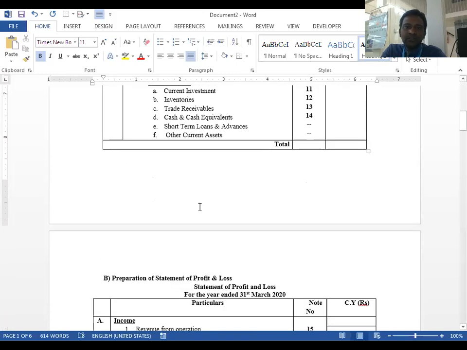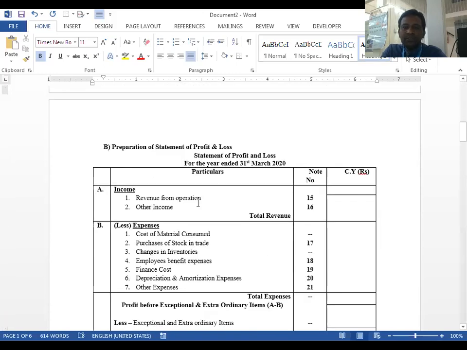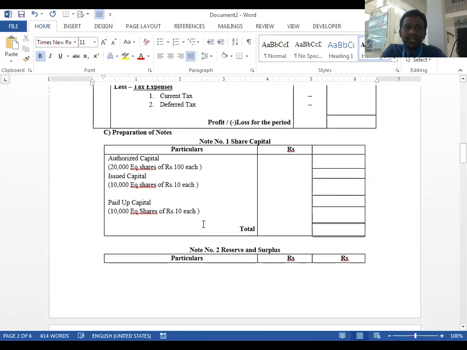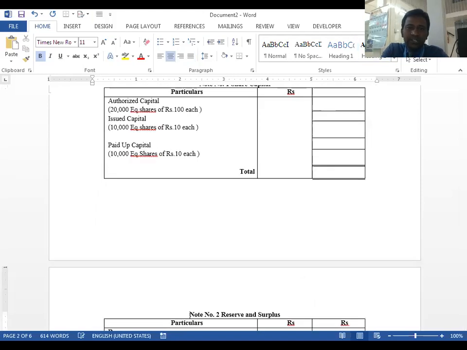Similarly, this is the format of the profit and loss account, divided into two parts: first income and second expenses. And these are the 21 notes regarding the balance sheet and profit and loss account. 14 notes are related with the balance sheet and 7 notes are regarding the profit and loss account.